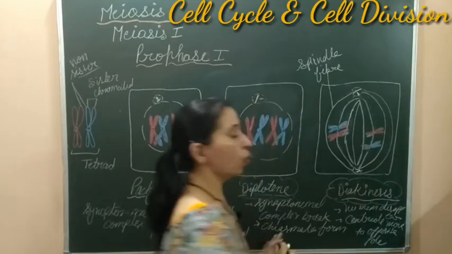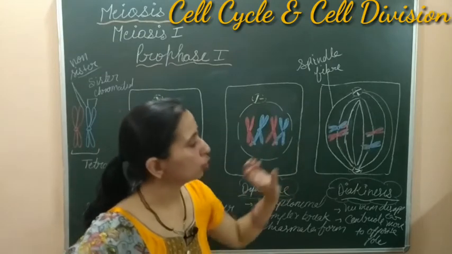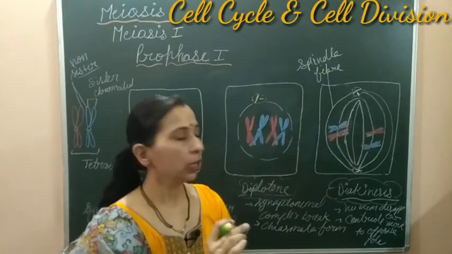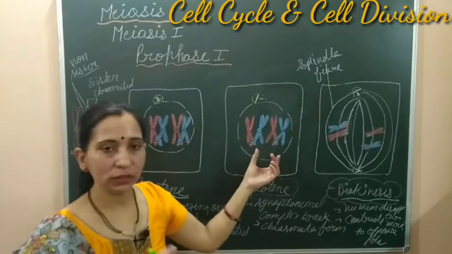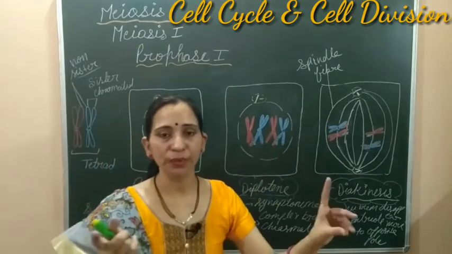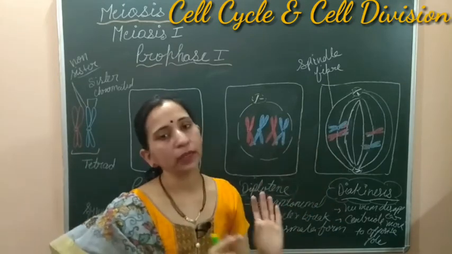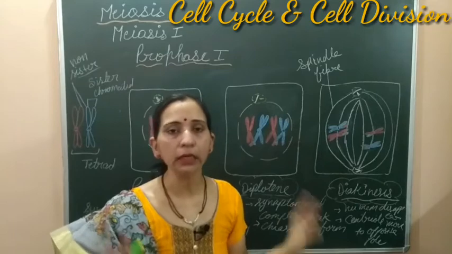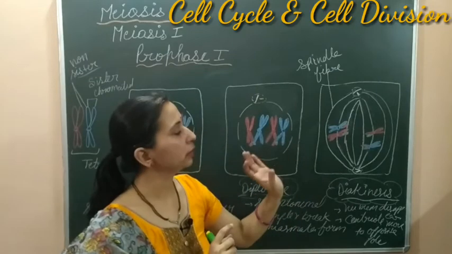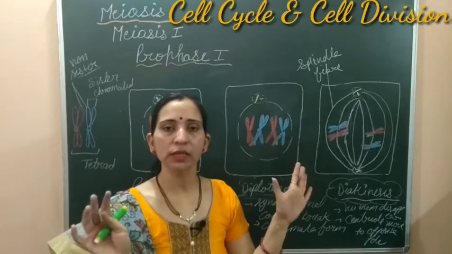So let's see what is happening in the diakinesis. The crossed over homologous chromosomes now join at the end. Here we discussed in the diplotene that chiasmata are formed. It starts terminalization. यहाँ पे terminalization start हो गया था. And when they reach the diakinesis, chiasmata is completely disappeared. पूरी तरीके से disappear हो चुका है. And after that, the nuclear membrane also disappears.